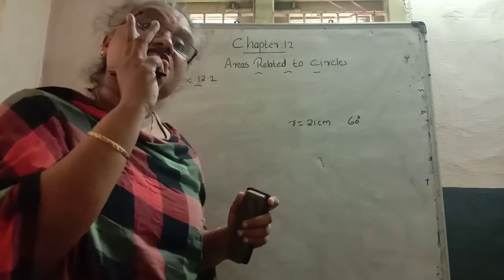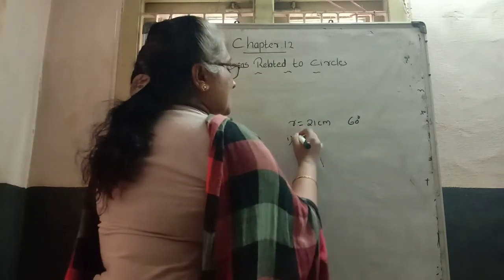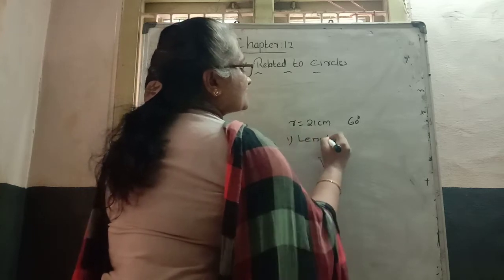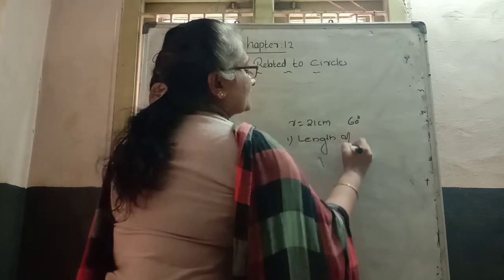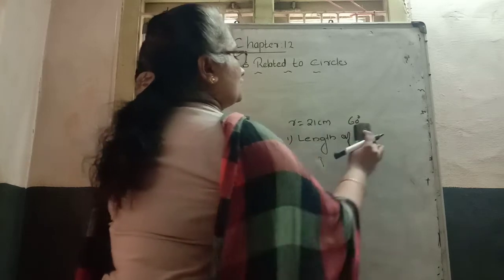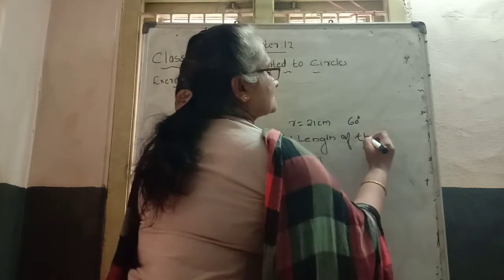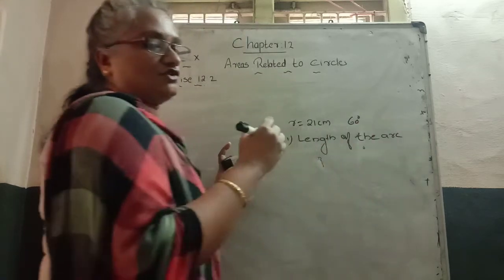Here they ask 3 parts. The first part they ask is the length of the arc we want to find.